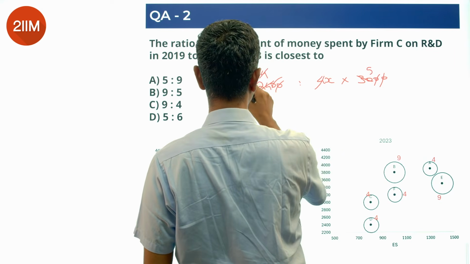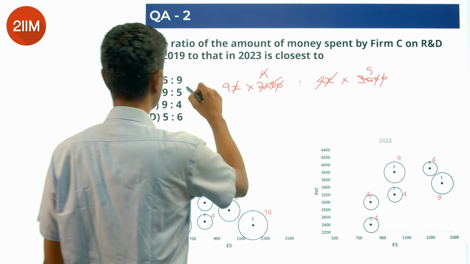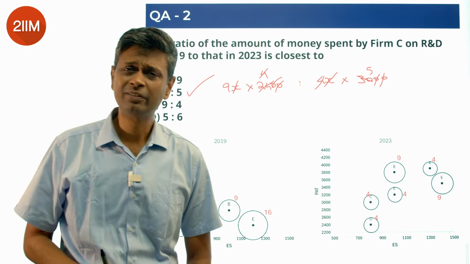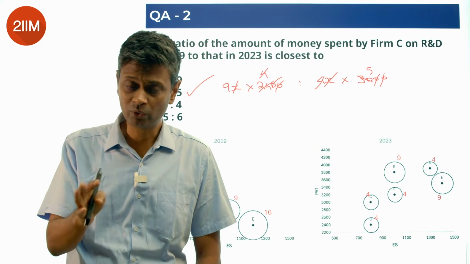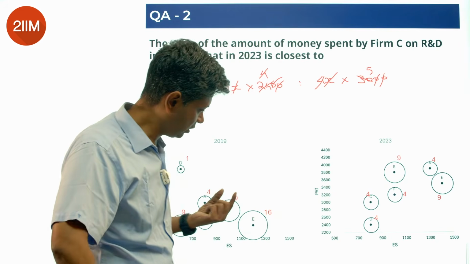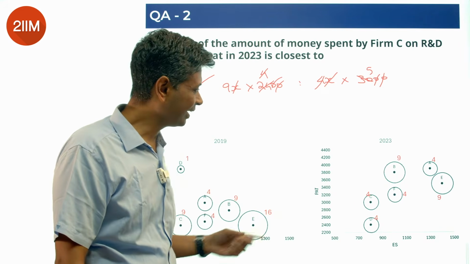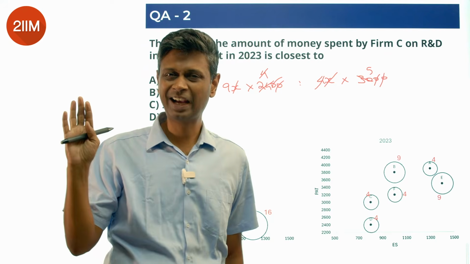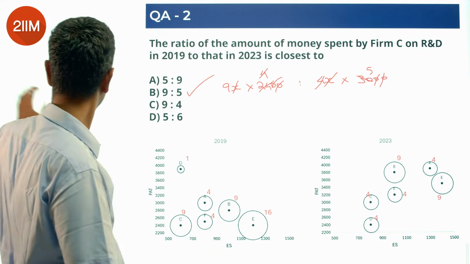This 4 gets knocked off, this x gets knocked off, 9 is to 5. That's the answer. Done. We don't know what is the percentage, we don't need to know. We know that the areas are equivalent between these two. Whatever this, if this is 4x, that is not 4y, that's also 4x. That has been clearly given here.